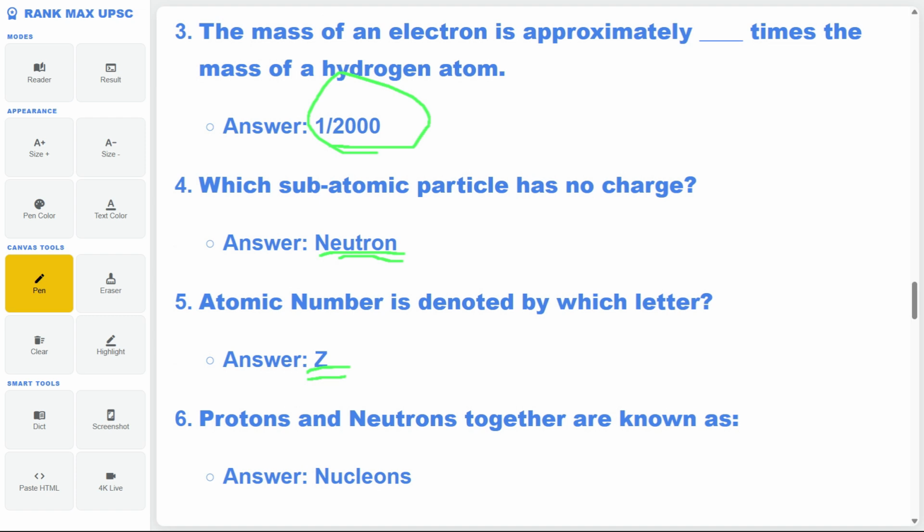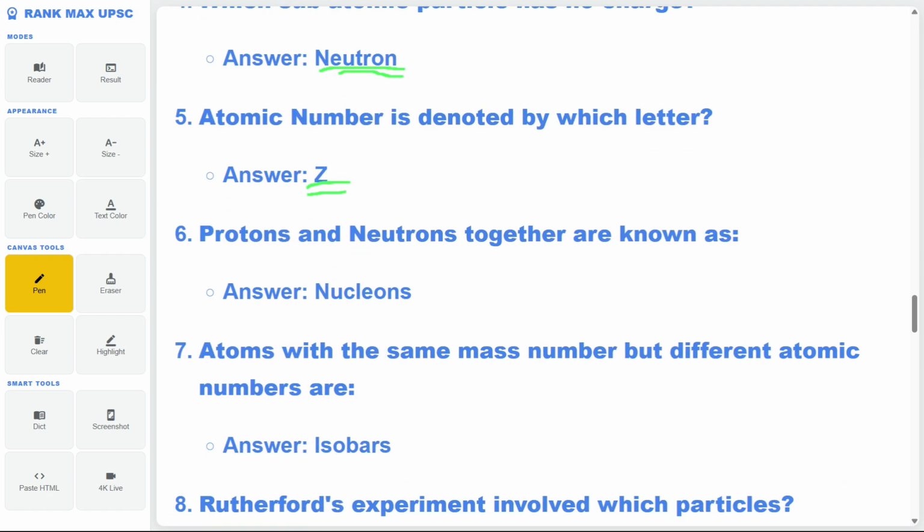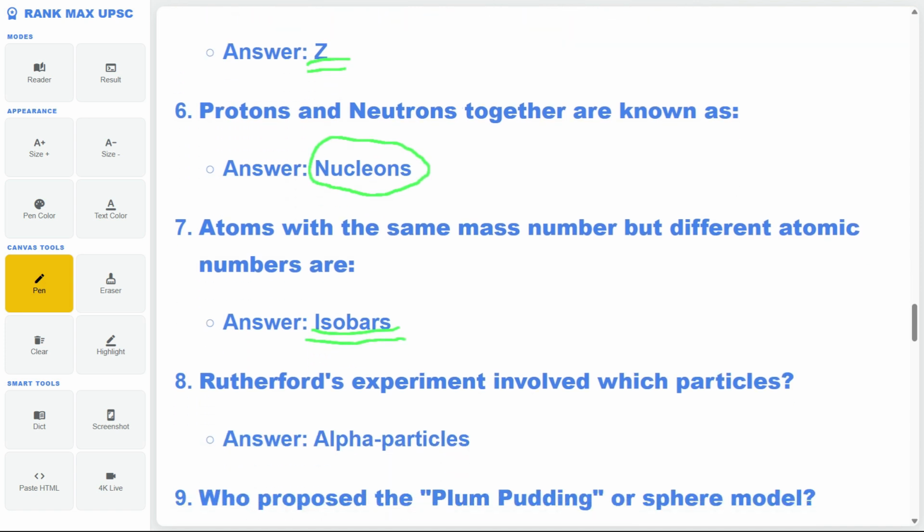Protons and neutrons together are known as nucleons. Atoms with the same mass number but different atomic numbers are isobars. Rutherford's experiment involved which particles? Alpha particles.